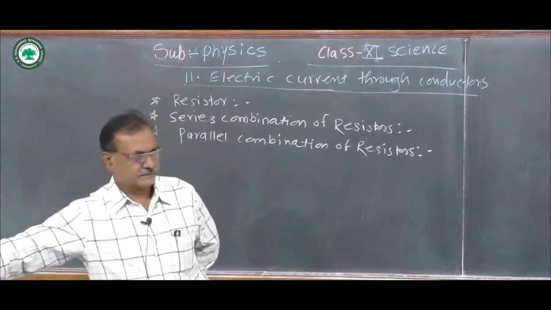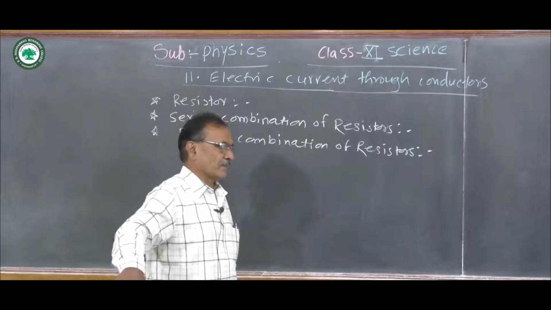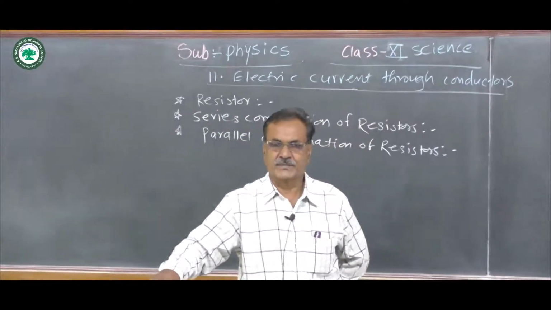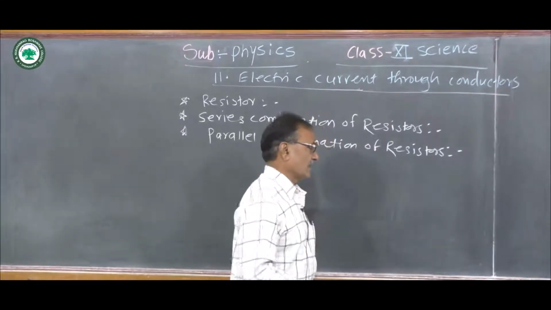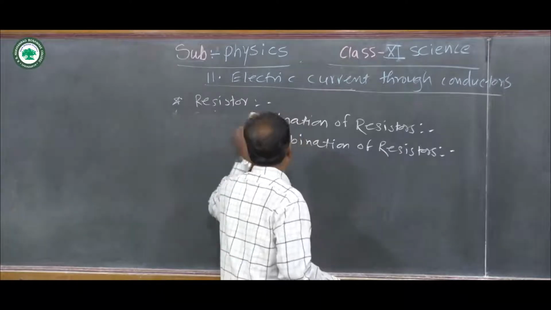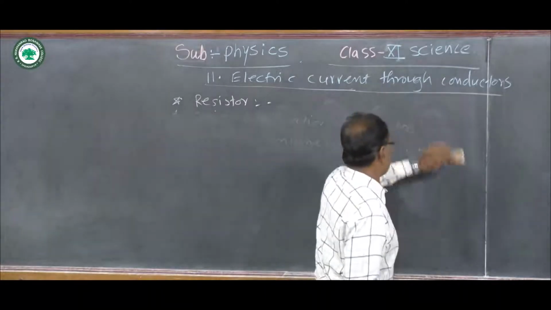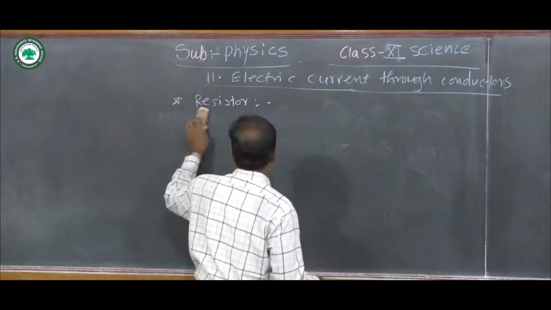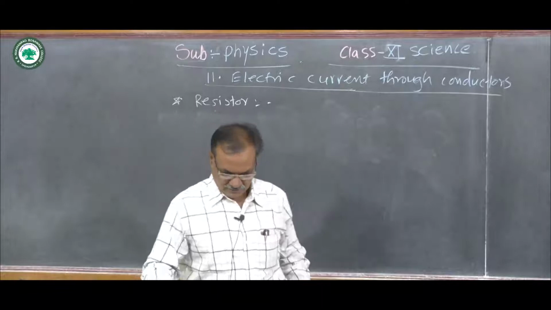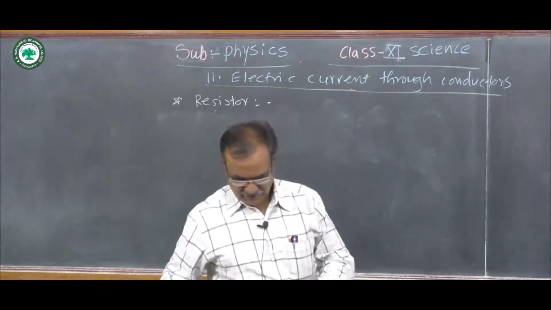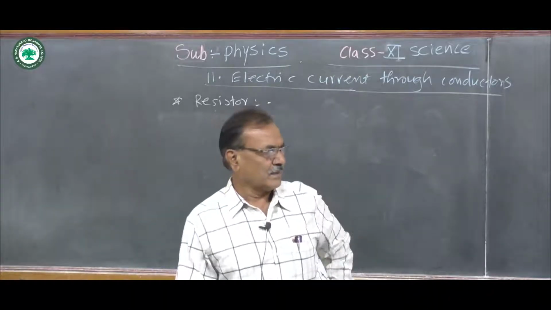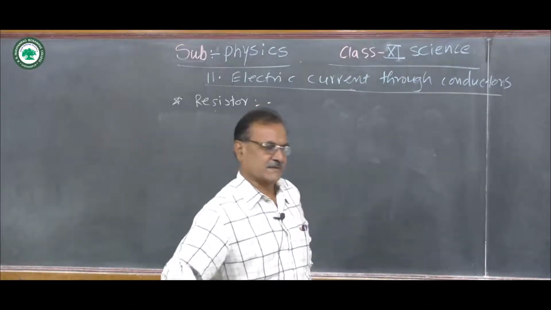Now, resistor is a semiconductor device. Resistor is a semiconductor device and it is used in different types of electronic circuits, different complicated IC circuits, etc. So, what is the function of resistors?